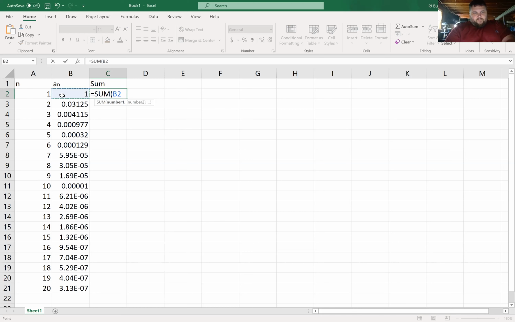No, I thought it was F4. Oh, hold on. Function. F4. There we go. Okay, the reason I did that is now that's going to take and start with that number each time. So the dollar signs tell Excel that I always want to start with that value.